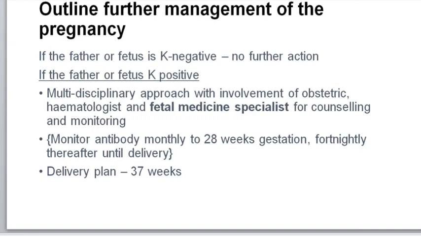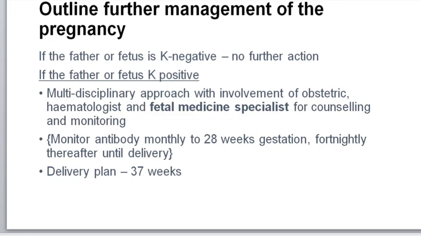But if the father is K positive or the fetus is K positive, then this means that this fetus is at risk of developing HDFN. So this patient should be referred to the fetal medicine unit for monitoring. Now there is a debate whether after referral to the fetal medicine unit, we should do monthly tests for antibody till 28 weeks and fortnightly thereafter or not.